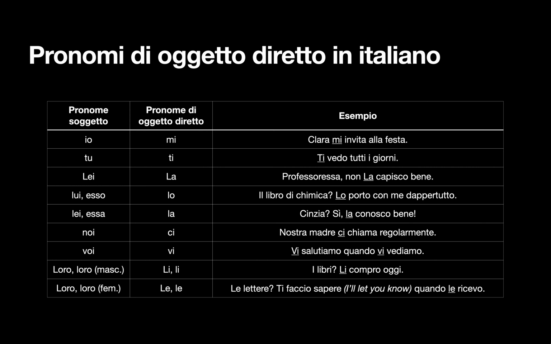The books, I buy them today. I'm buying them today. We would say, I'm buying them today. And that's for a masculine or mixed group of things. And then for a feminine group of things, le lettere. Ti faccio sapere quando le ricevo. I'll let you know when I receive them.